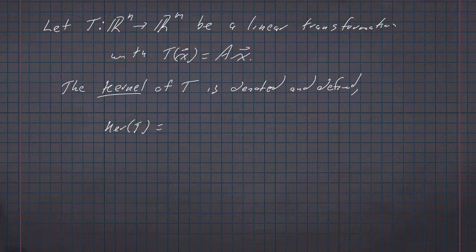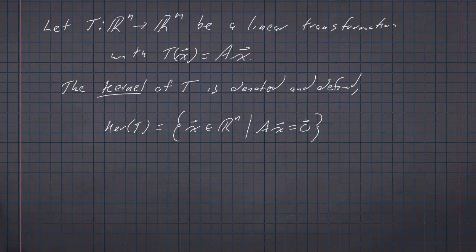The kernel of T, which we denote as ker of T, is the set of all x in Rn such that A times x is equal to 0.